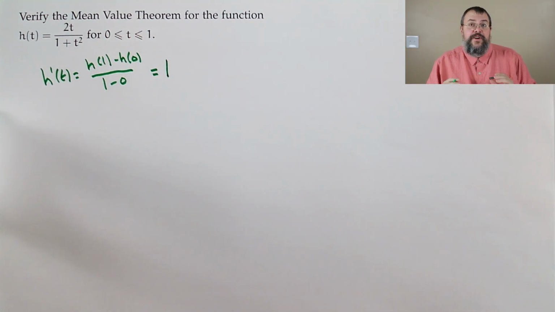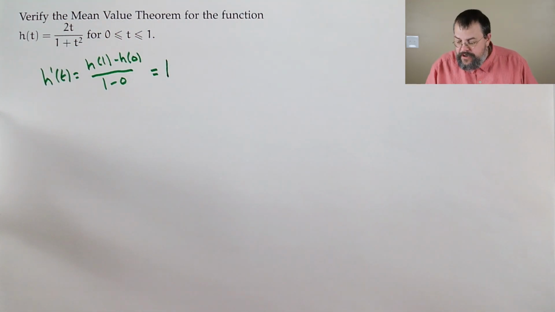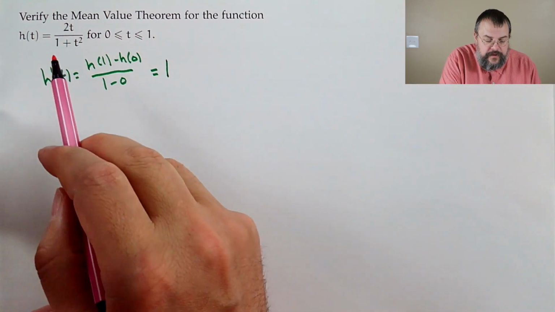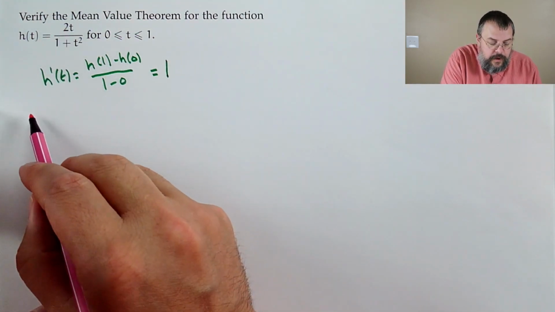Now, the mean value theorem says there has to be some place between 0 and 1 where this is true. So when it says verify, our goal is we've got to find that point. So we're going to take our derivative and we're going to set it equal to 1. So, well, that means we've got to start by taking our derivative. So the derivative, it's our function here, it's a quotient.